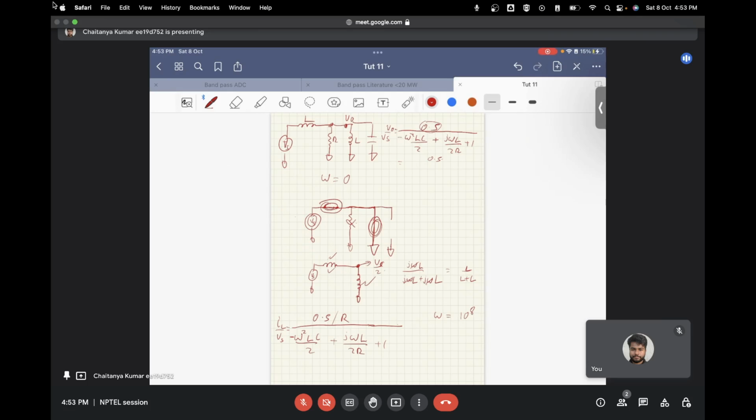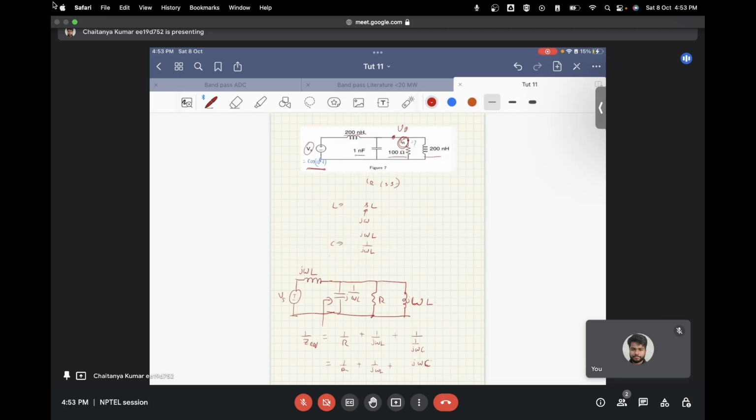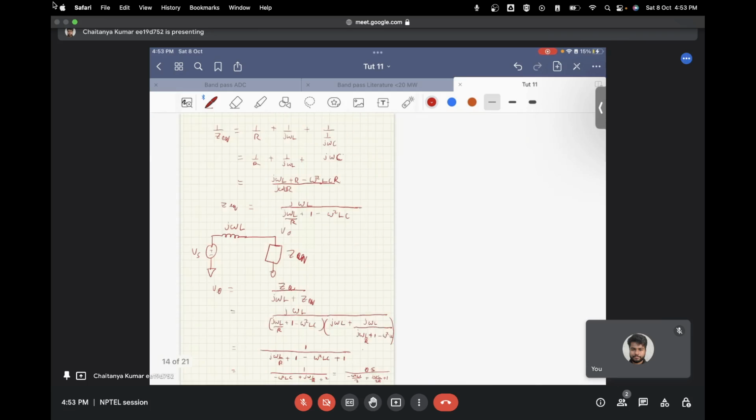Now let's find out the natural frequency of this system. This comes out to be root under 2 by LC. Now what are the values of L and C? L is 200 nanohenry and capacitance is 1 nanofarad.